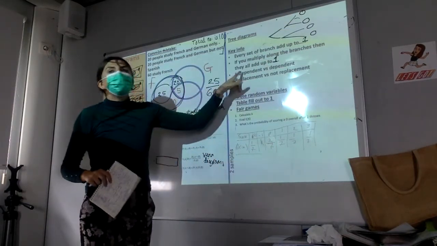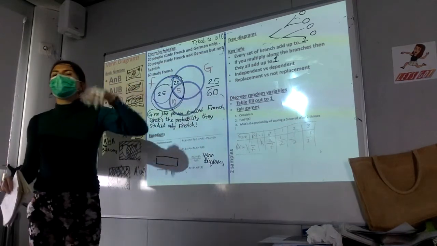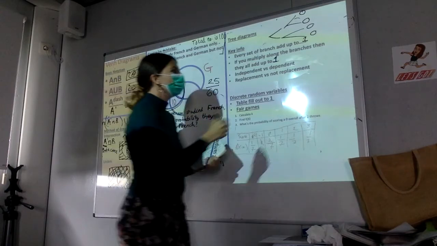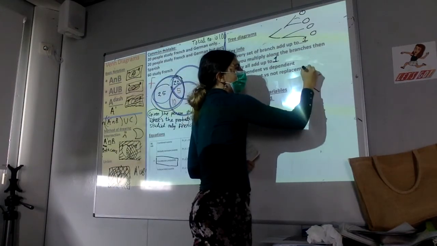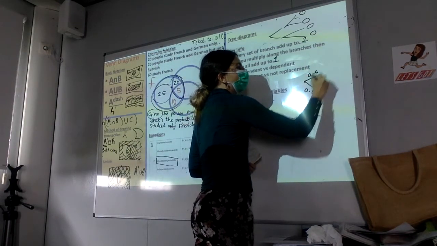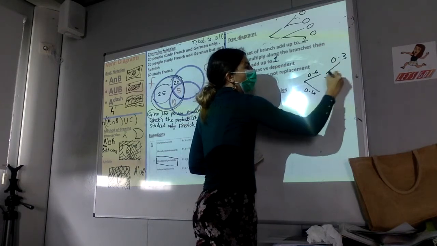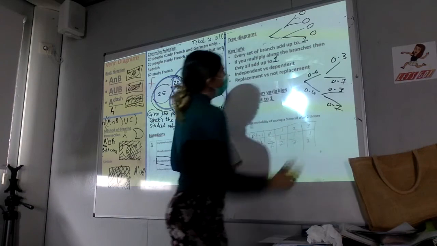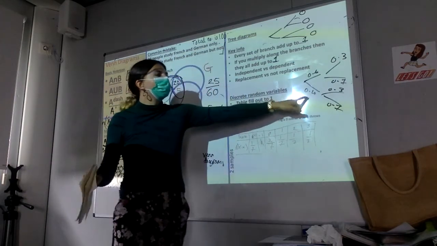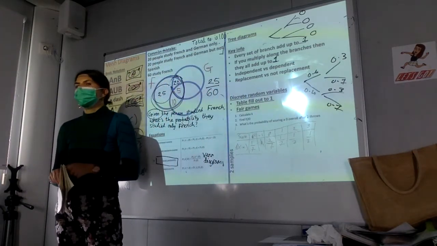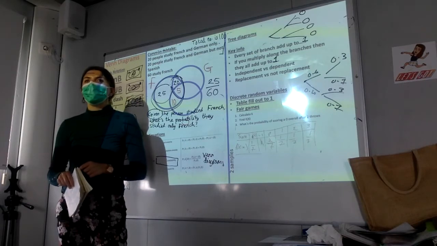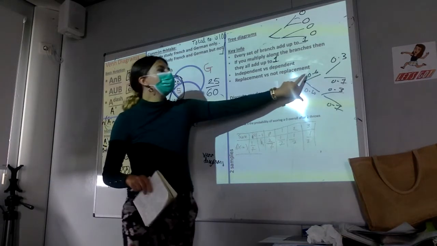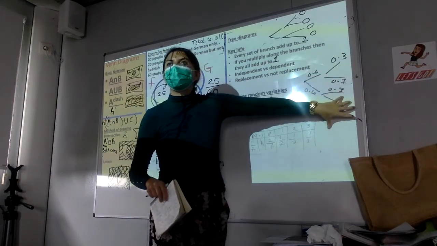Now, we've got 2 different types of tree diagrams. We've got independent versus dependent. I'm going to draw a tree diagram. Let's say it's 0.6, 0.4, 0.3, 0.7, 0.3, 0.7. Would this be an independent or dependent tree diagram? I think it's independent. Why is it independent? Because there are two situations and they don't change on the second branch. Exacto.